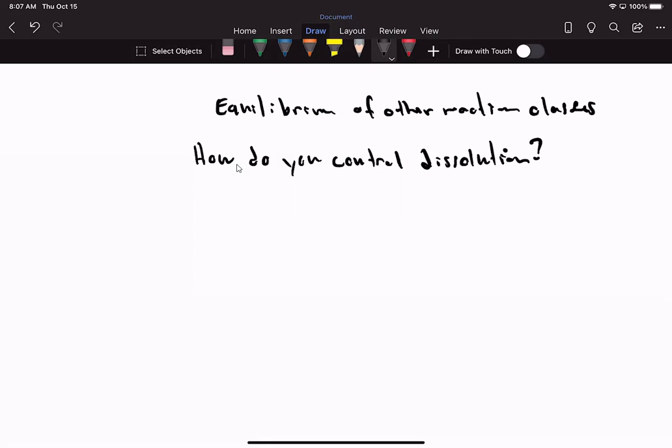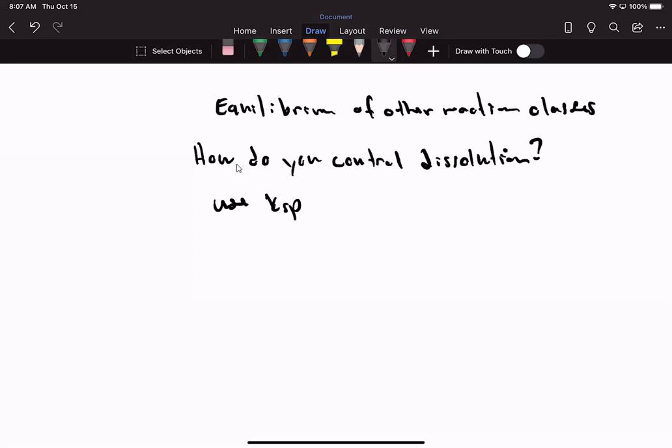How do you control precipitation? And the answer to that is calculations. How do we control it? Well, we calculate KSP. We calculate these solubility products.